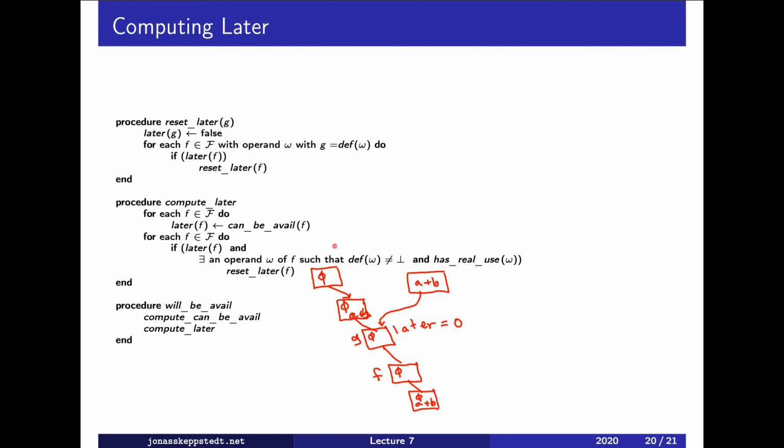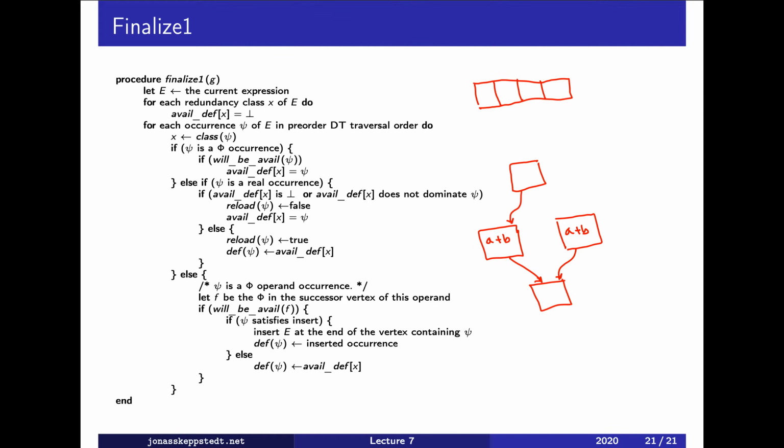So now we are almost done, and we are in the first of the two finalize steps. We will not look at finalize 2 because it's quite tedious, and is best looked at the moment you implement PRE. But finalize 1 is important to understand, and is quite interesting.